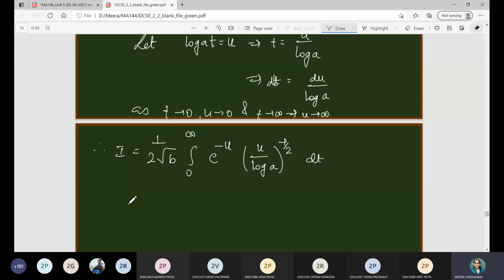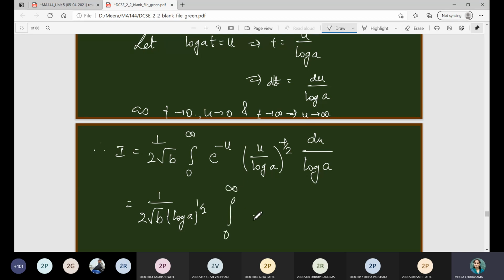Okay, so this is nothing but 1 upon 2 root b, log a to the power minus 1 by 2, I can take it outside. Dt, oh sorry, I have to replace dt also over here. It is du upon log a. So this log a to the power minus 1 by 2 and this power 1 will simplify to 1 minus 1 by 2, that is just 1 by 2.